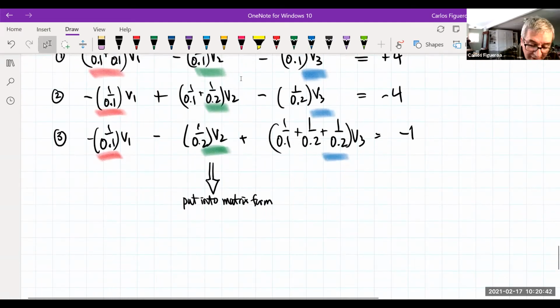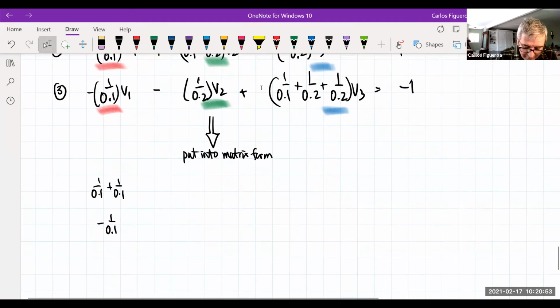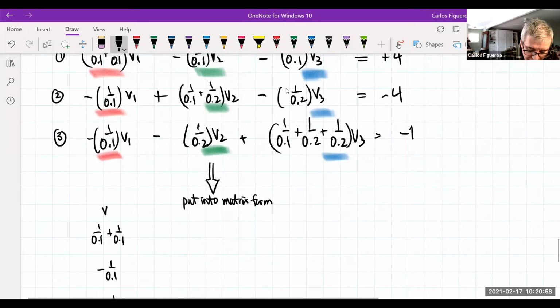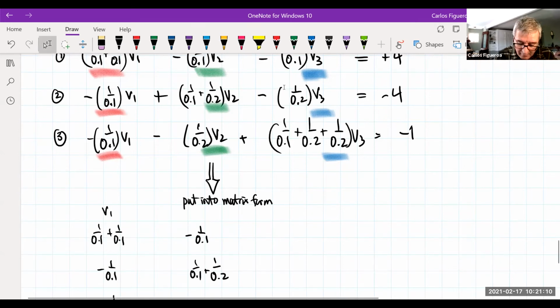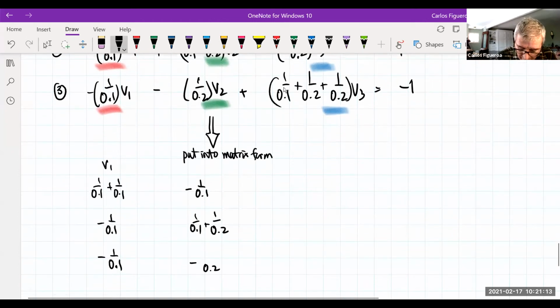When I put them into my calculator, I actually don't try to simplify them. That's all my V1 terms. And then I get all my V2 terms. Here's my V2 terms. And then I'm going to get all my V3 terms.